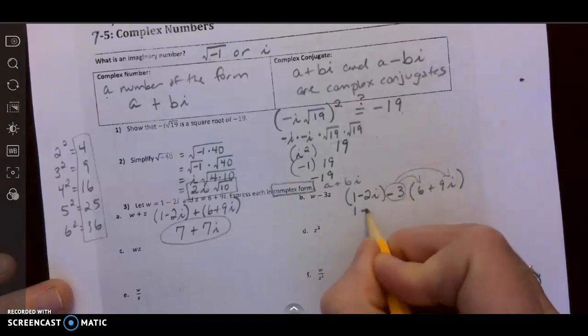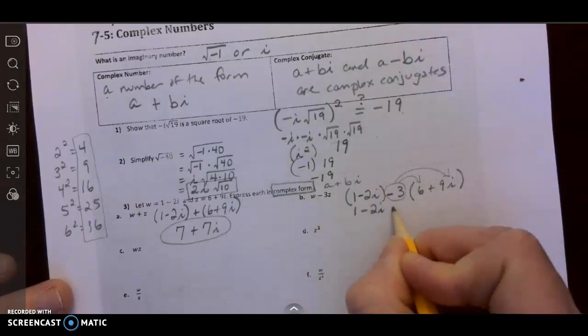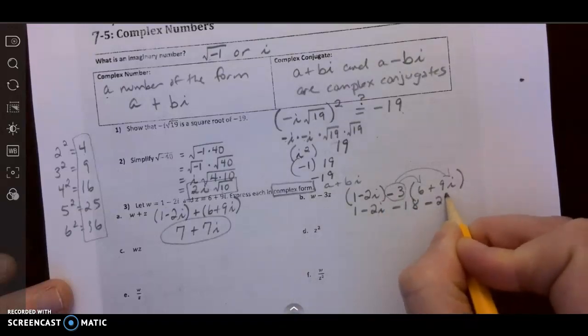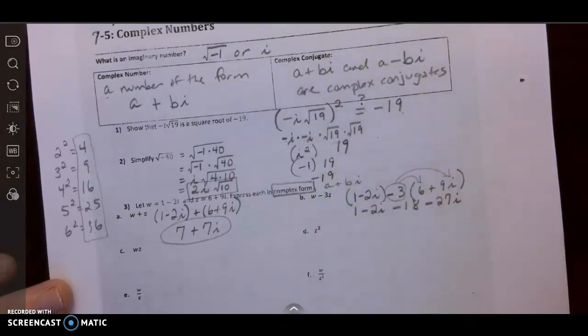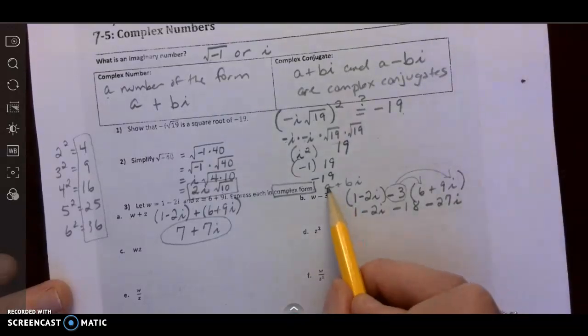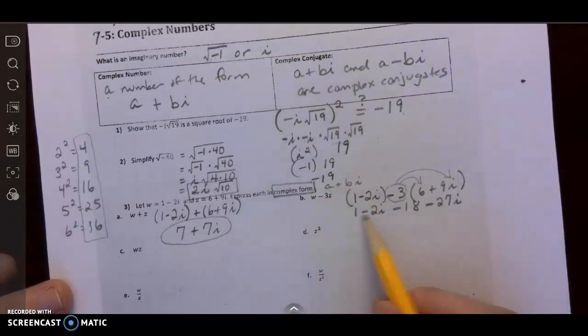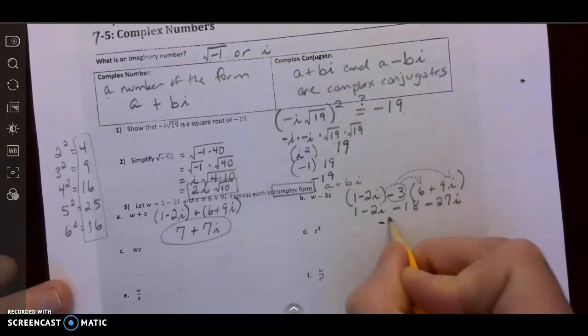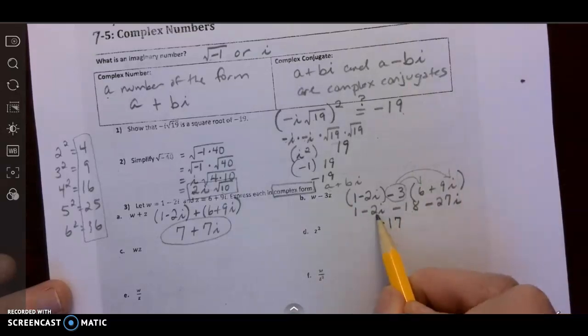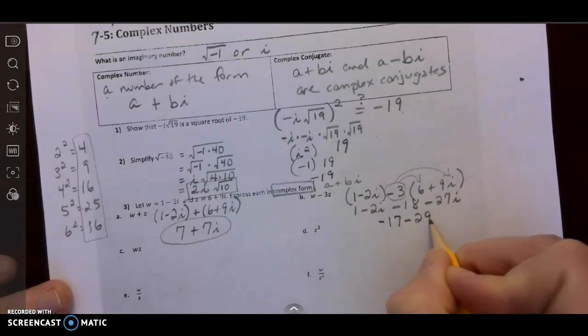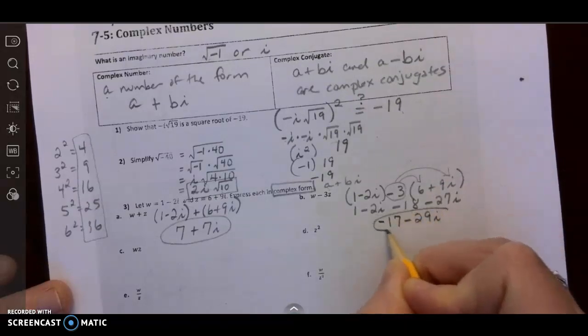And I get 1 minus 2i minus 18 minus 27i. Get my like terms together. First I get my real numbers together. 1 and negative 18 is negative 17. Negative 2i and negative 27i is negative 29i.